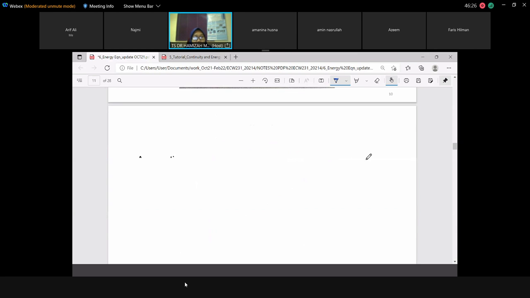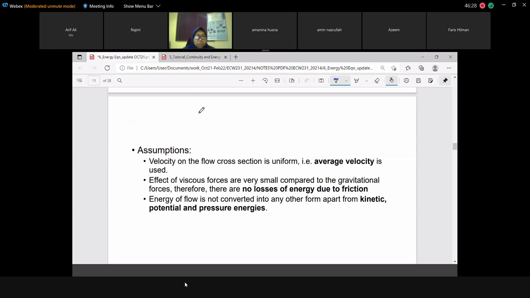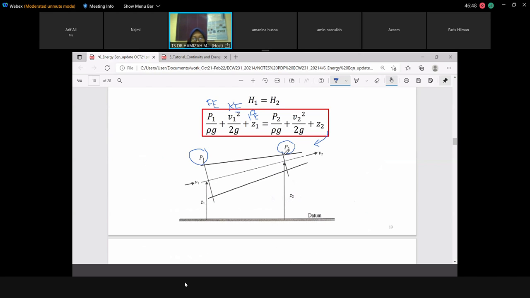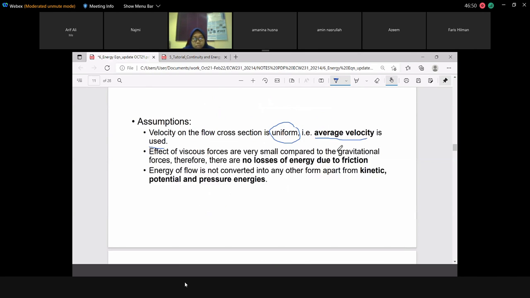Okay, so ni samalah assumption ni maksudnya follow Bernoulli equation. So kat sini velocity on the flow cross section is uniform, sama. Average velocity is used. So we use average velocity dekat point 1 dengan point 2. Effect of viscosity are very small compared to the gravitational forces.